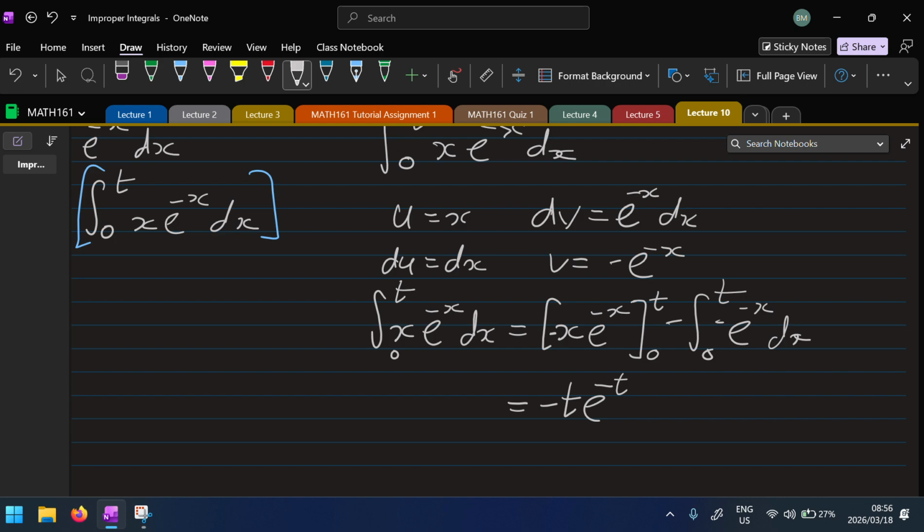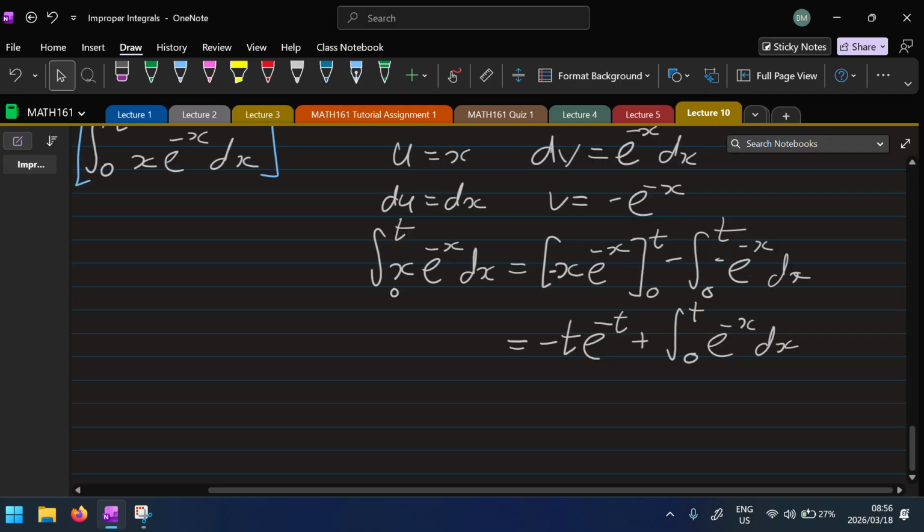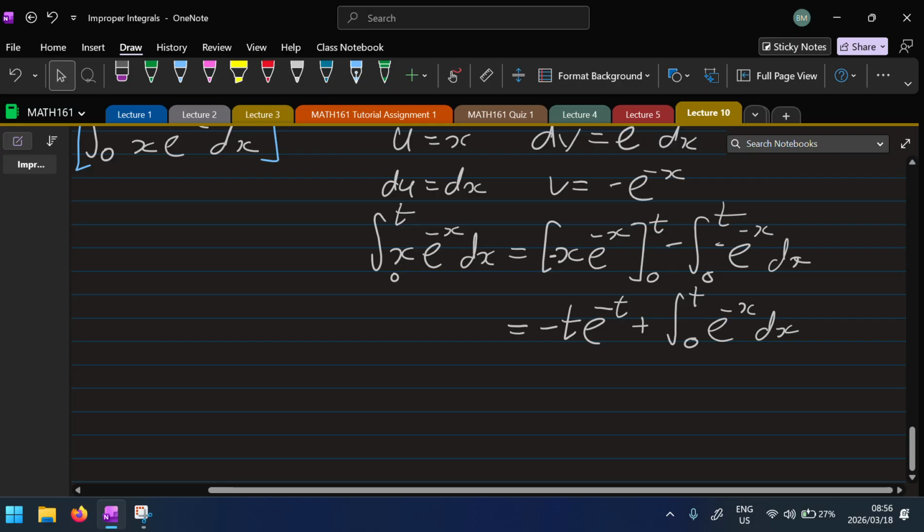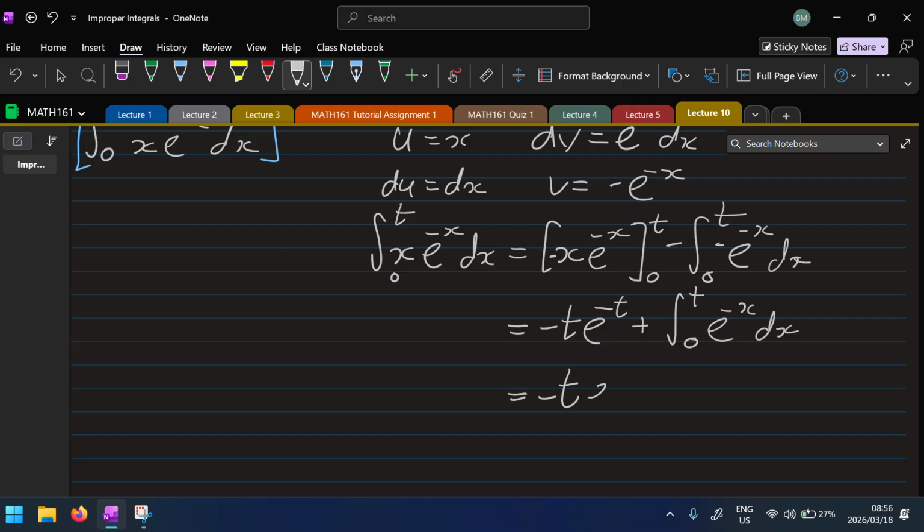And then for the next one, we got a minus and a minus, so that will be a plus. And then we just have that integral to do there. Same thing as we did before, for the integral we take down a minus.